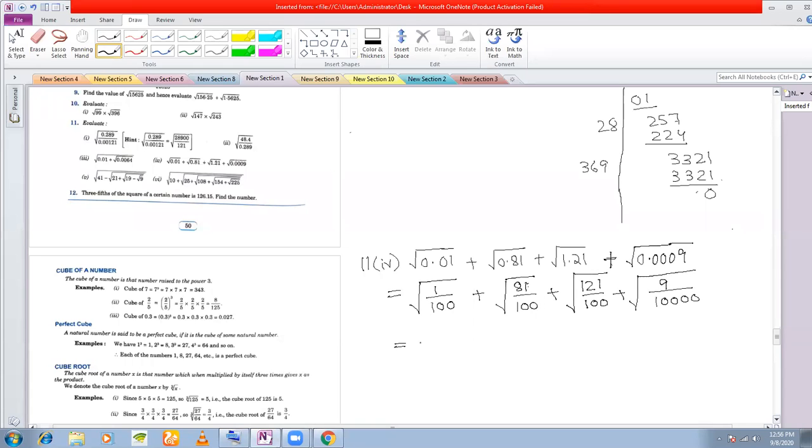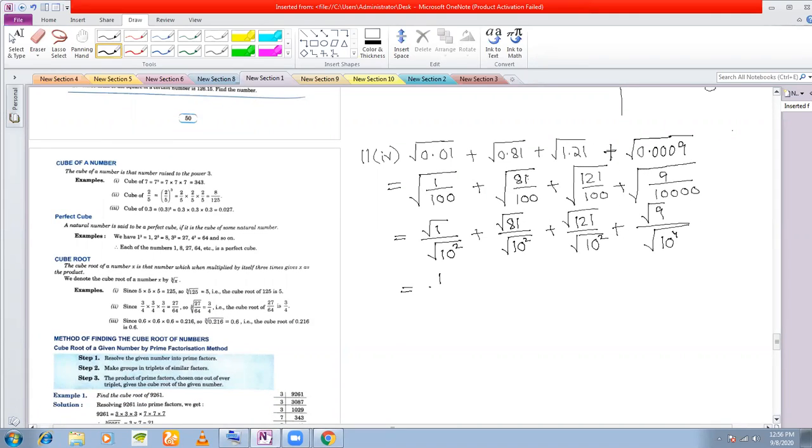Which is equal to square root 1 by square root 100, meaning 10 square, plus square root 81 divided by square root 10 square, plus square root 121 divided by square root 10 square, plus square root 9 divided by square root 10 to the power of 4.